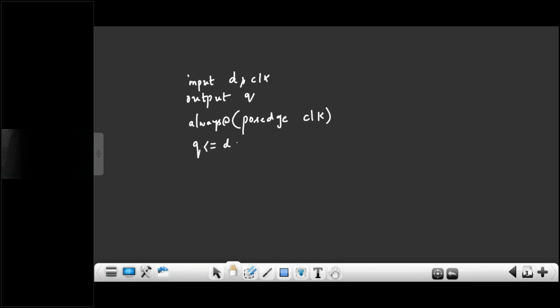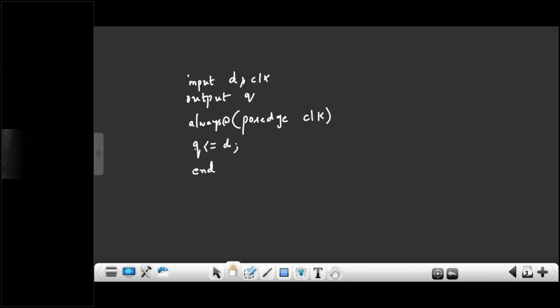I have input D, input clock, output Q. Always at positive edge of clock, assign Q to D. When you get the positive edge, the D input will be passed to Q, and end the always block.